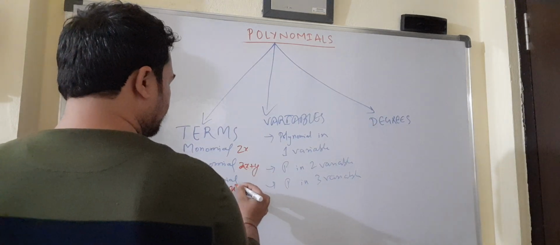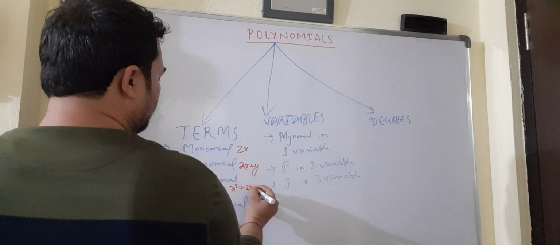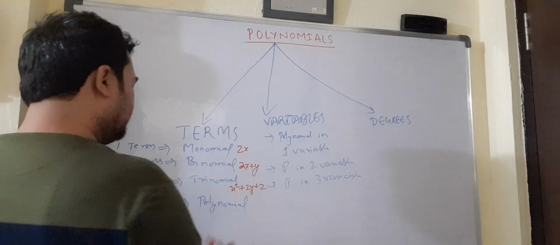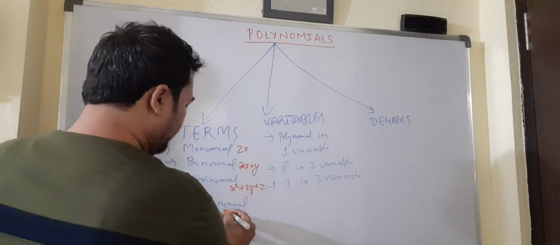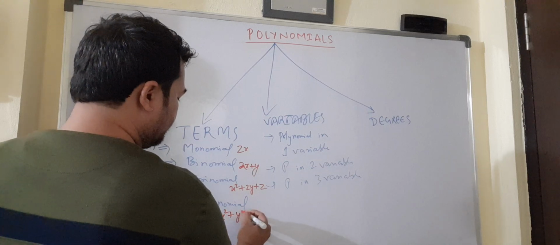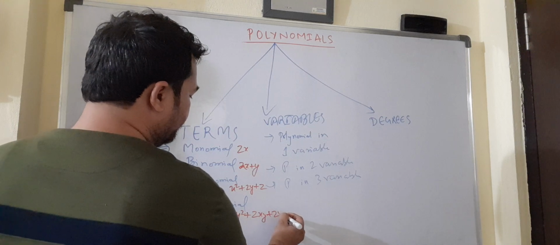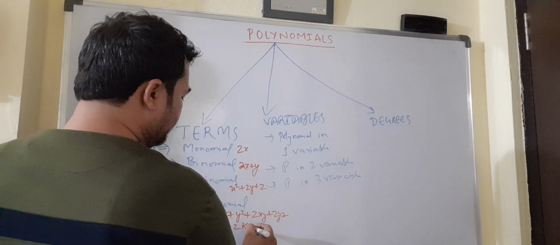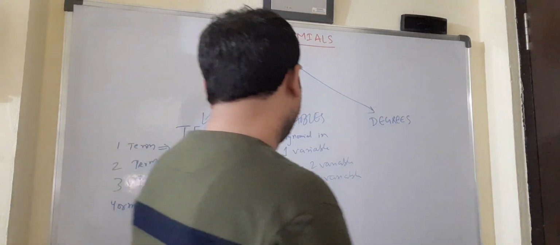No issues. x square plus 2y plus z. And for 4 or more, x square plus y square plus 2xy plus 2yz plus 2kx.